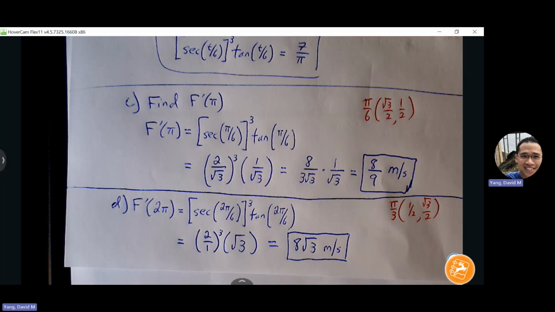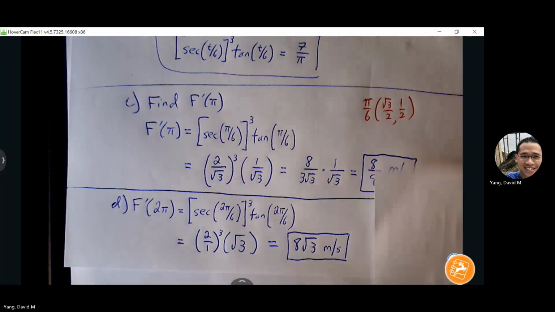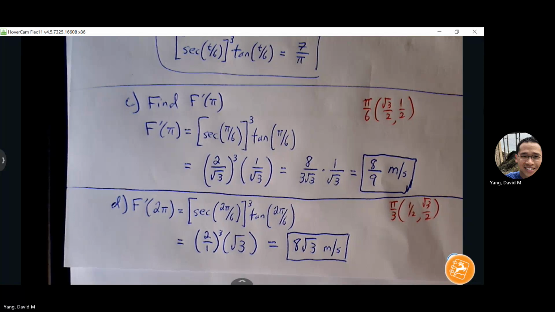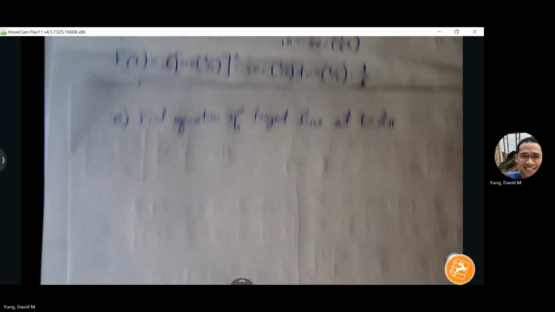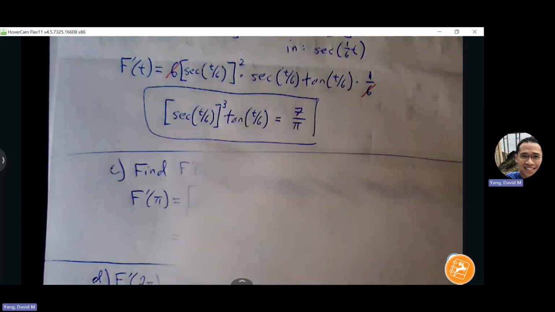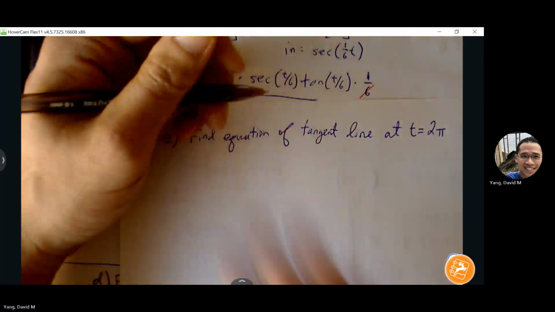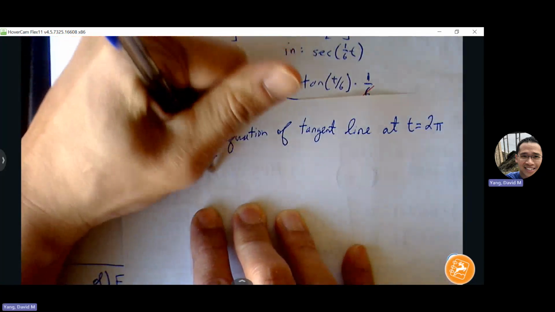For E, write the equation of the tangent line. There's more practice with unit circle here. Okay, we have the slope already, right? So we just have to find the ordered pair.